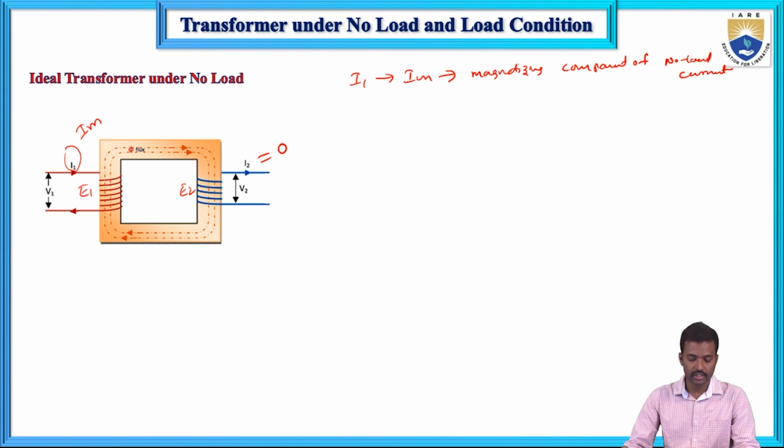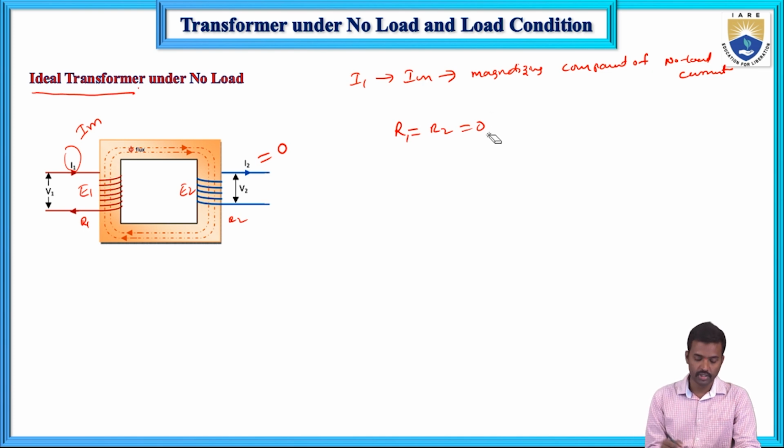Now here it is an ideal transformer. In the ideal transformer, the primary winding resistance R1 and R2 are 0.